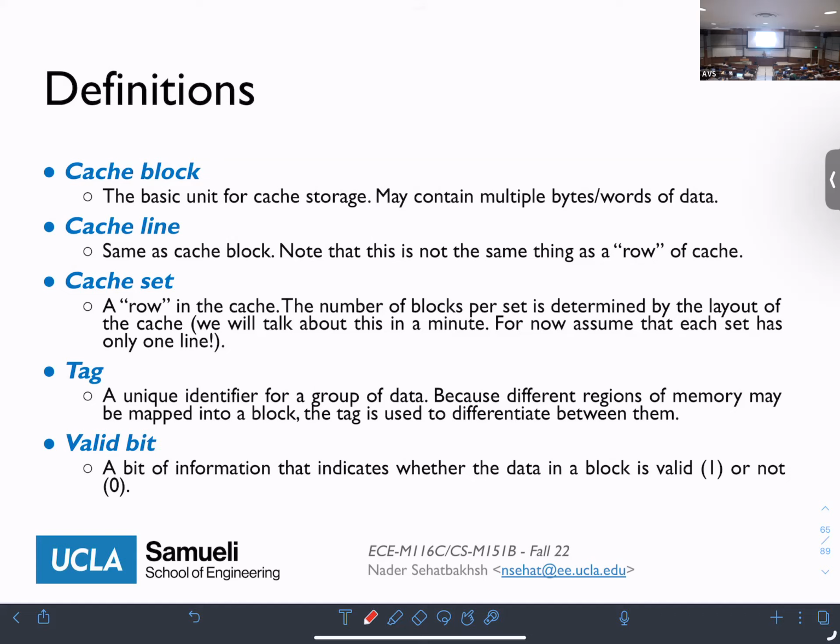We have the notion of the tag. As I said, the tag is a part of the address that is used to figure out whether or not we are storing things. Depending on how we are creating our cache, this tag could be a few bits or more bits. And then finally, we have this notion of what we call a valid bit.